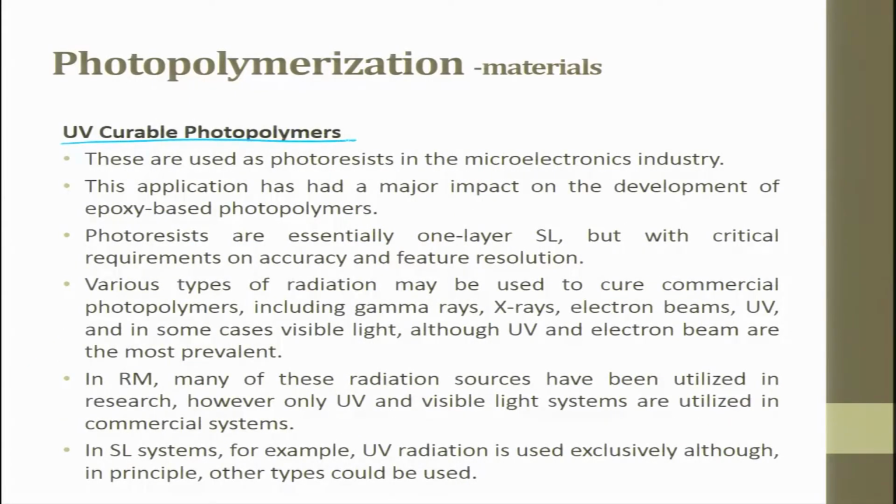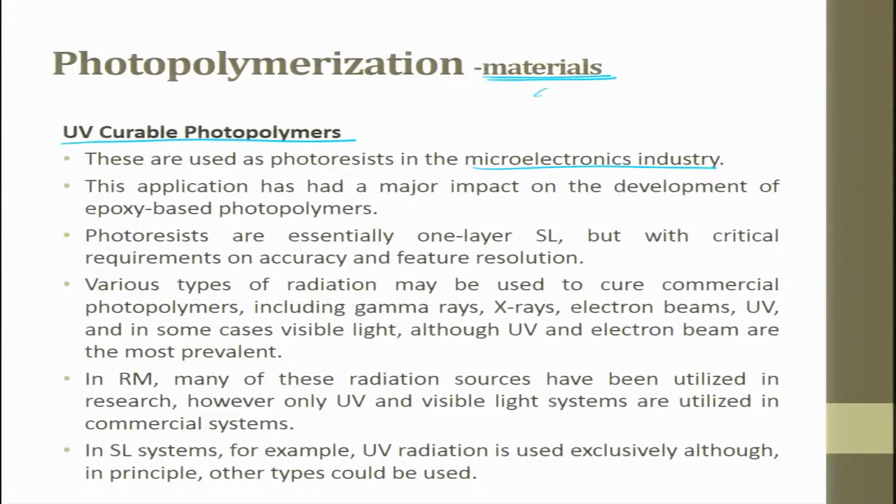UV curable photopolymers. We are now going to talk about materials more. These are used as photoresists in the microelectronic industry. Anything which happened there had a parallel track, as I told you, cut and paste technology.